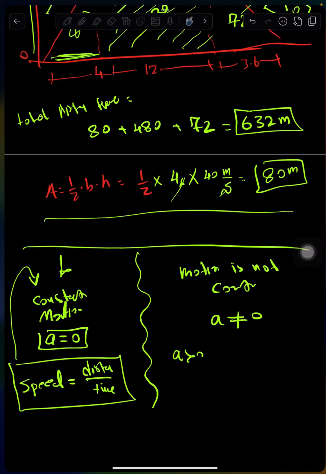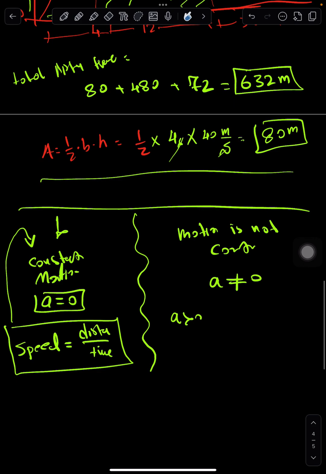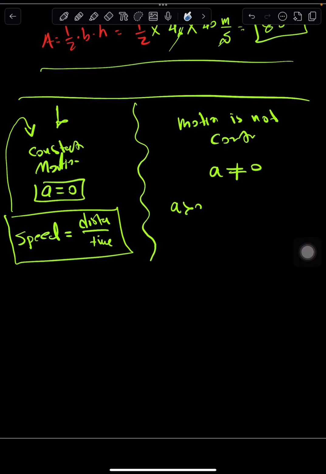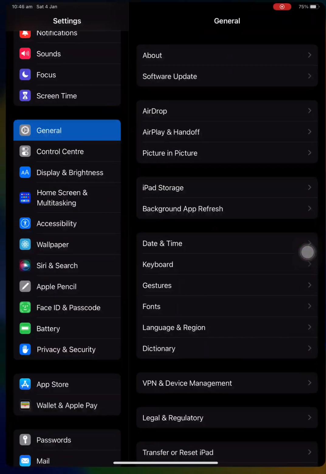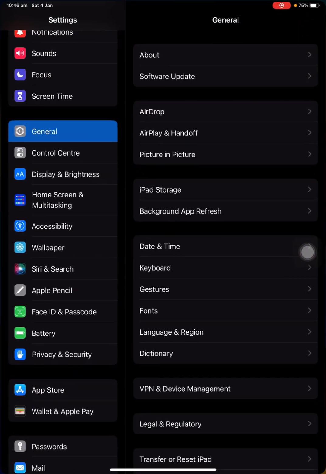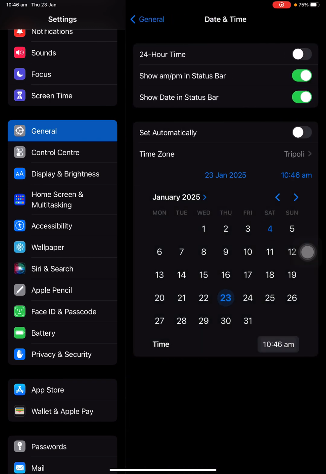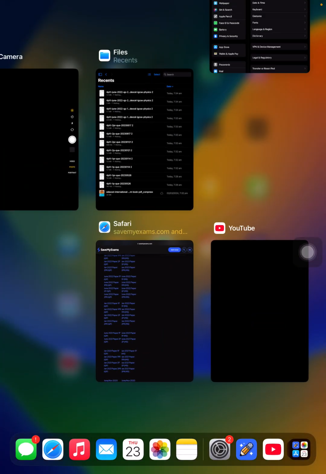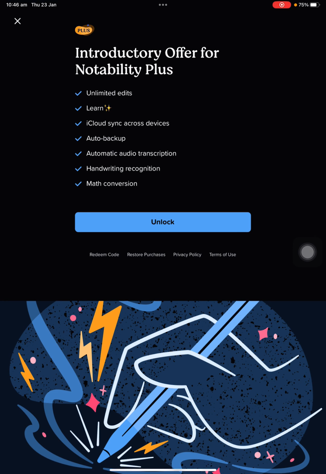Okay, let's see what happens now. Is it working? No, it's not working. I'll have to close the app and use it again. Okay, let me see something. Okay, change the time region, let's make it even further.